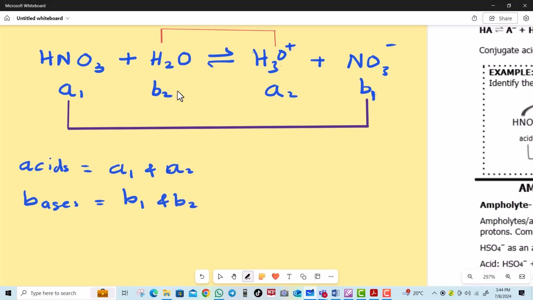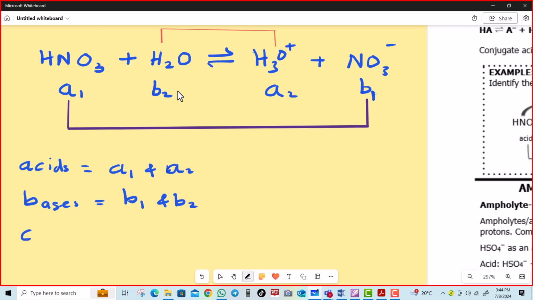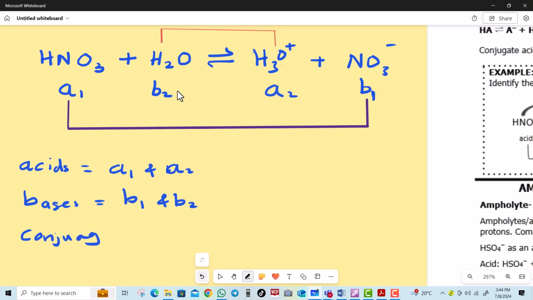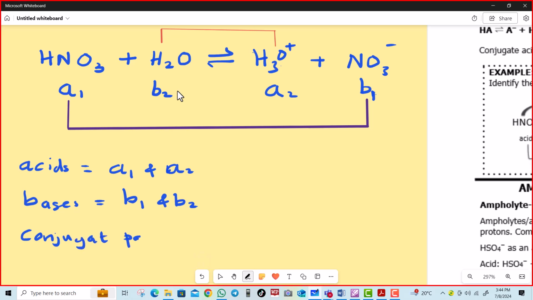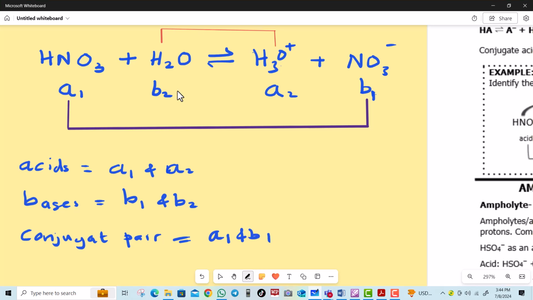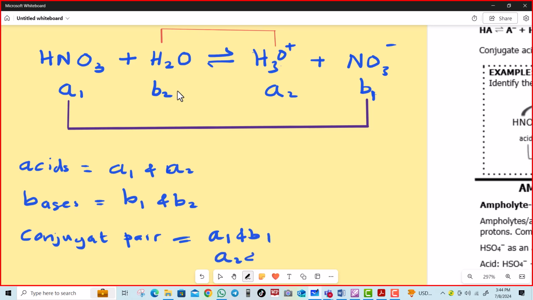However, if the question talks about the acid-base conjugate pairs, now this is where you choose. You can choose A1 with B1, or you can choose A2 with B2.